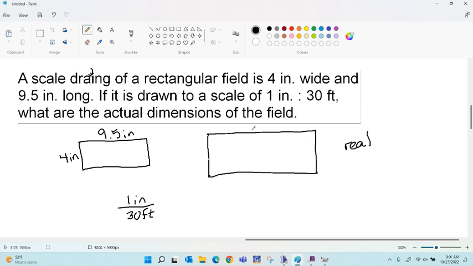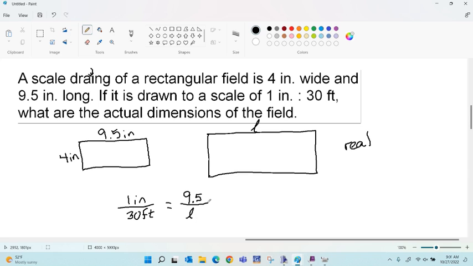We're going to have to find the length of the field for real, so here's my length. How would I set up for finding the length? 1 over 30 equals 9.5 over our length.